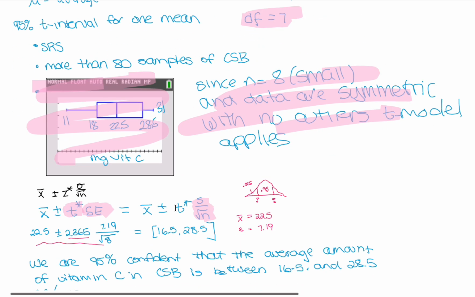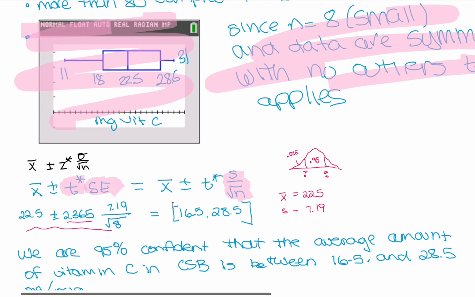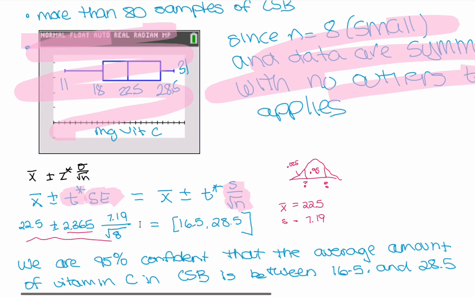And we really want to show our work on how to get this interval. You can do all of this on your calculator really easily, but just to make sure that you know what the formula looks like: x bar plus or minus t star times the standard error. Recall the previous videos when we were doing the z interval. This is how we do the z interval, and this is how we do a t interval.